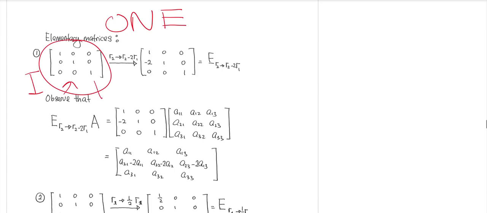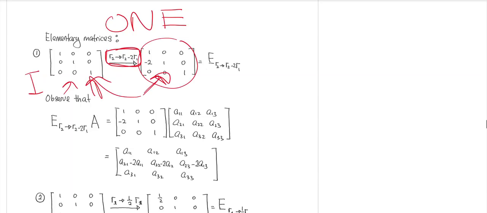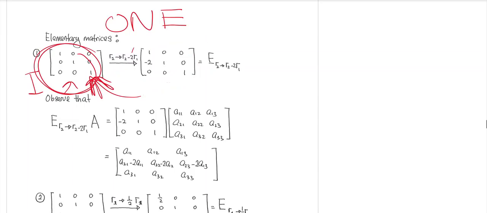Say, for example, we take the second row and change it by subtracting 2 times the first row. This is one legitimate row operation. Then you get this matrix. Because you obtained this matrix by doing one row operation on the identity matrix, this matrix right here is an elementary matrix.